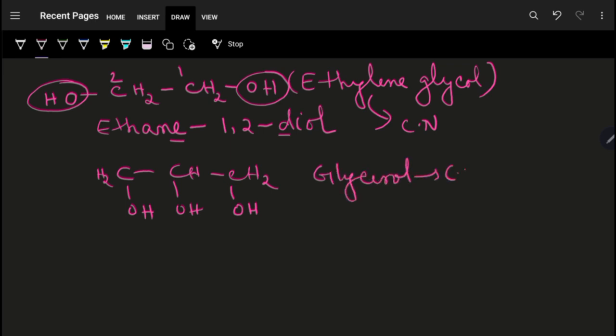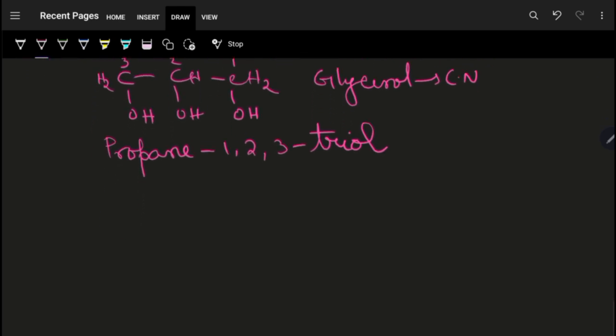This is the common name. And 1, 2, 3 carbon atoms, so it is a propane system. So propane-1,2,3, 3 are there, so tri. And for the alcohol, ol. So this is your IUPAC name. Propane-1,2,3-triol.